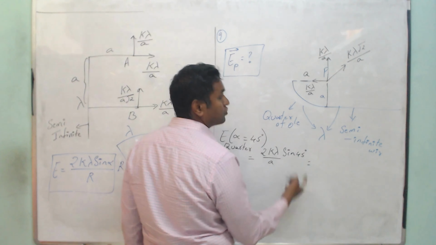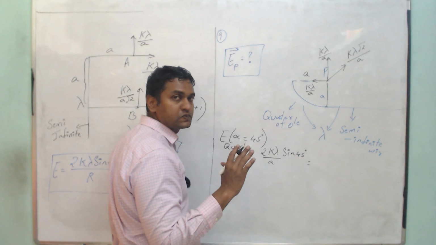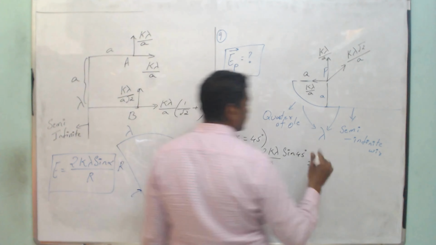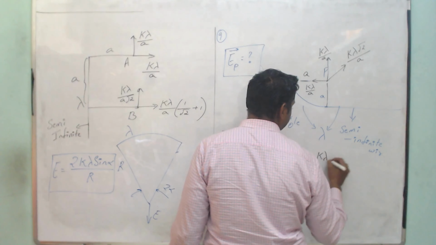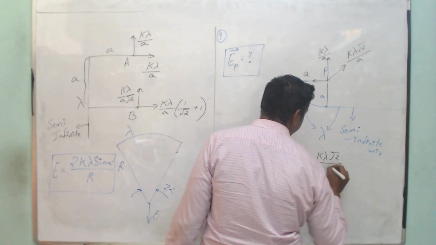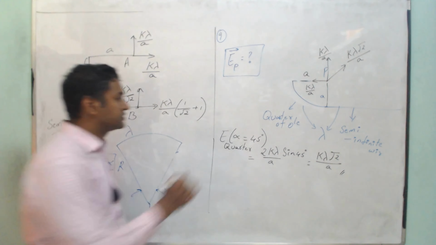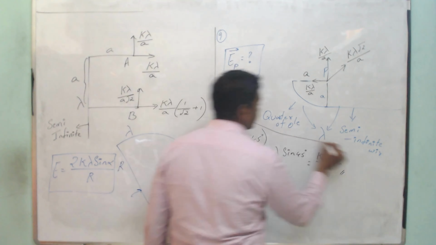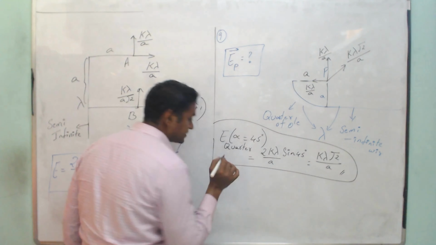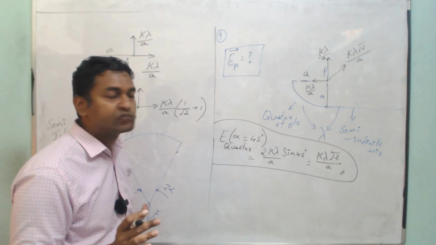So 2 by root 2 will become root 2. Therefore, I can write this as k lambda root 2 upon a. So this is just due to the quarter of a circle. That's it.